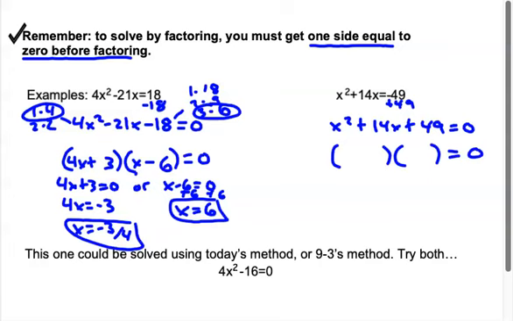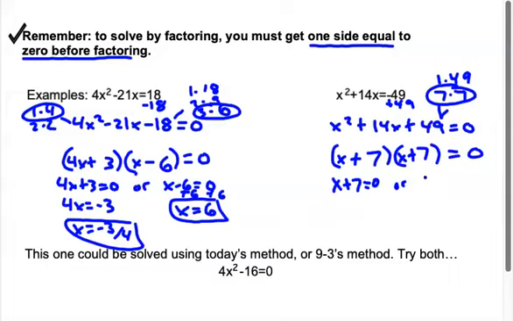Over here, it's a plus-plus problem, so that's not so bad. The factors of 49 that add to 14 would be 7 times 7. So x plus 7 is equal to 0, or x plus 7 equals 0.